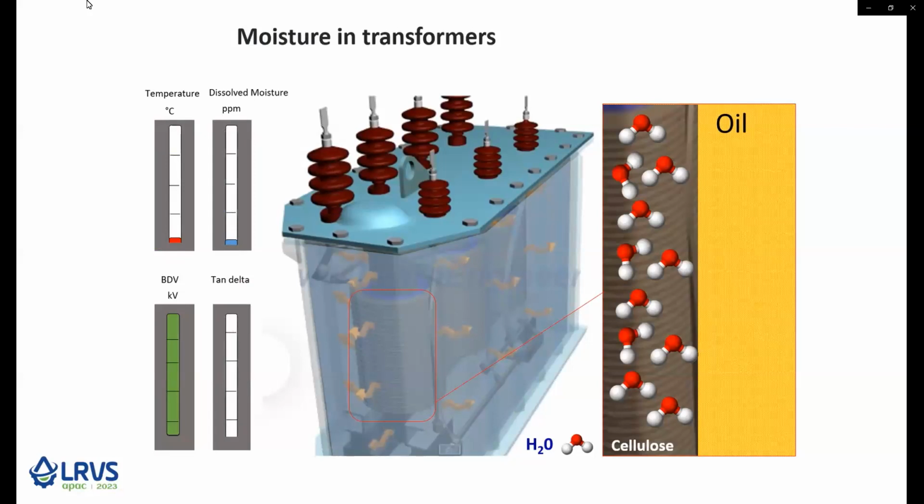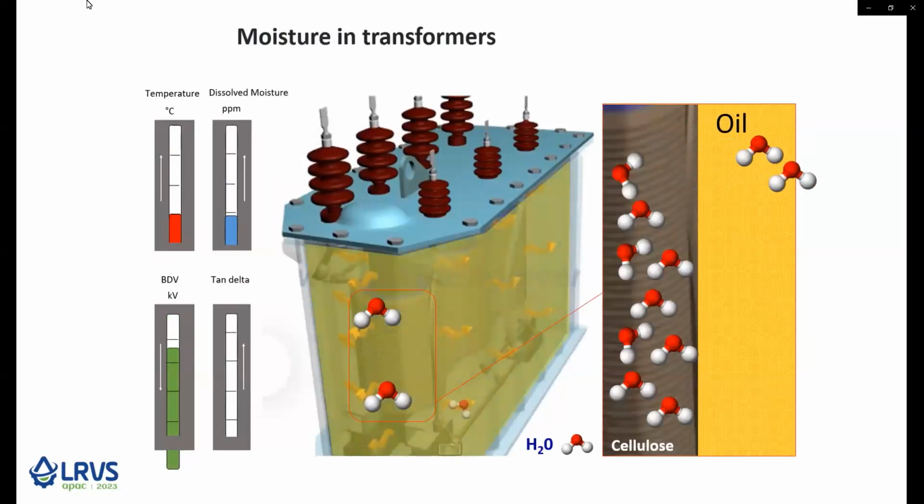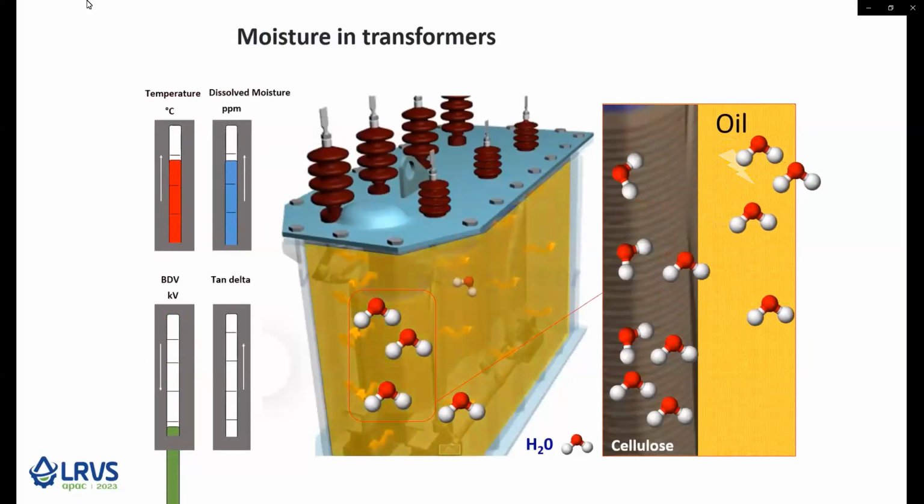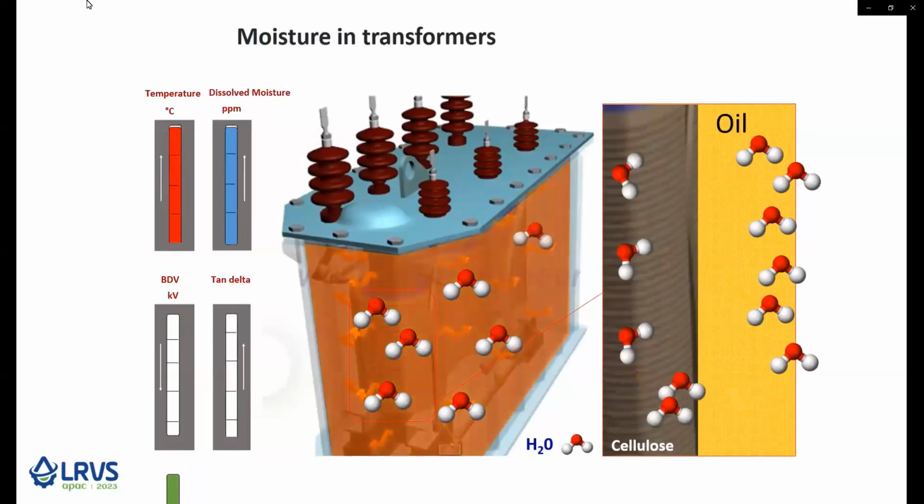Here we can see what is the difference at a low temperature. Most of the water is stored in the cellulose. When the temperature is increased, the water migrates to the oil.